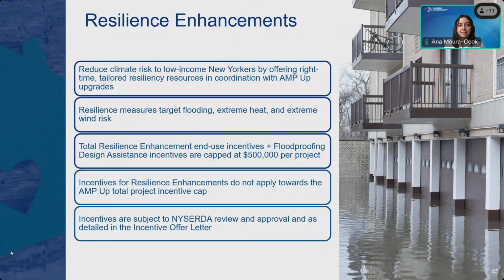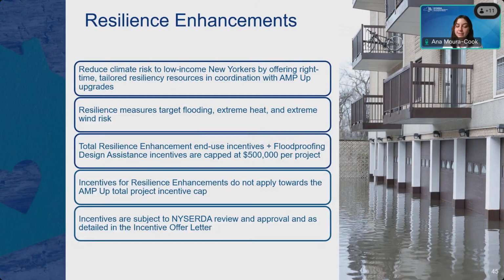If you go to the next slide, the goal of these resilience enhancements is primarily to reduce risk to low and moderate income New Yorkers by offering right time resiliency upgrades in tandem with the AMP Up upgrades, so that we're only going into a particular building or project once and making things as resilient as possible within the scope of the project.